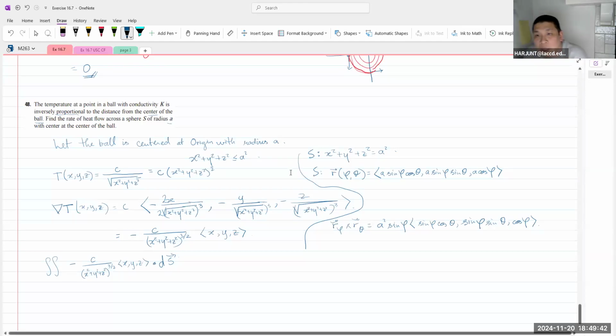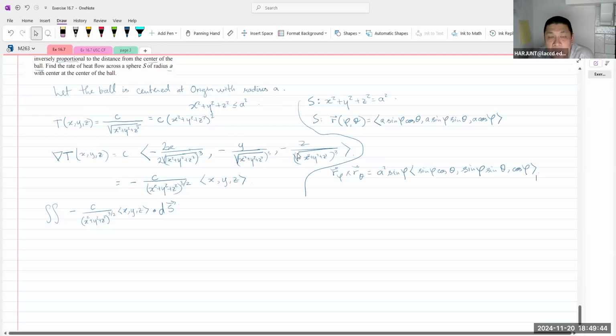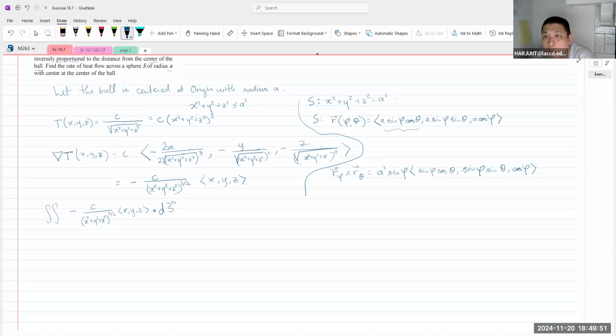You know what? Hold on. Let me play with this a little bit. Our x, y, z will be what then? This is our x, this is our y, this is our z. And if I multiply by a here, that will give me x, y, z. So a sine phi times x, y, z.